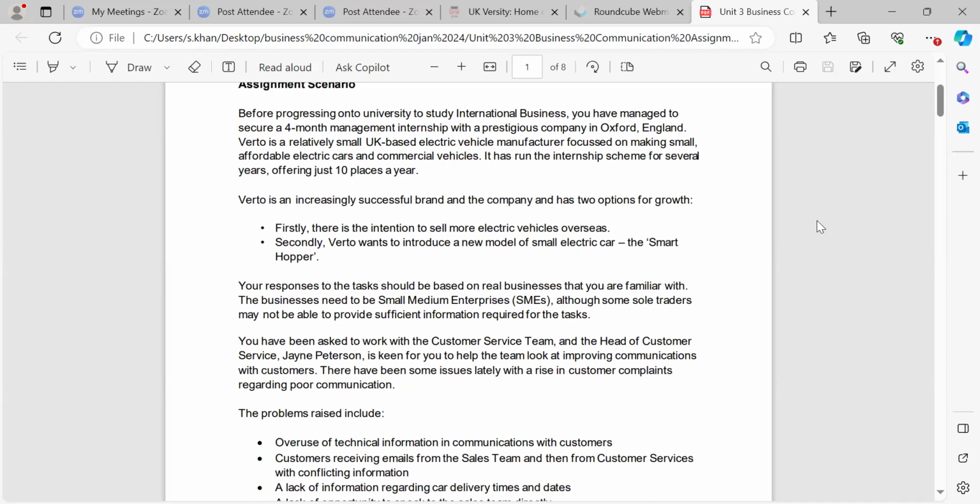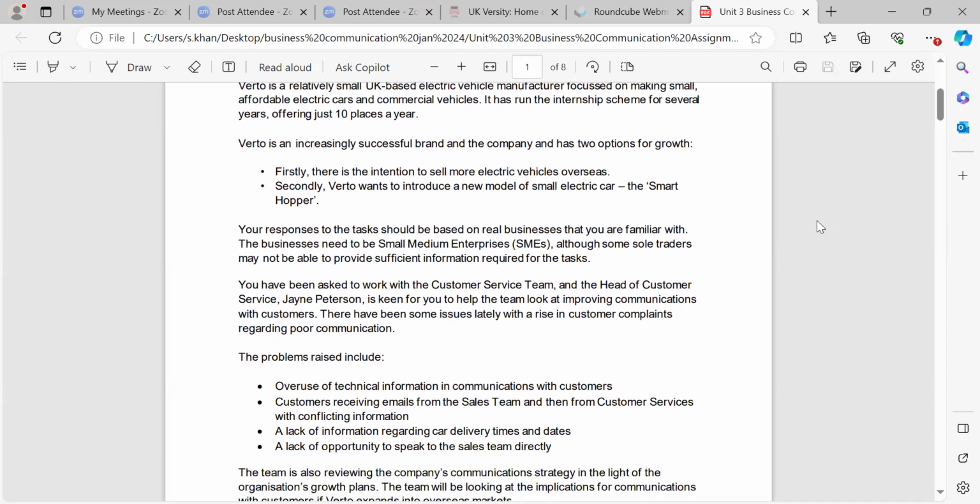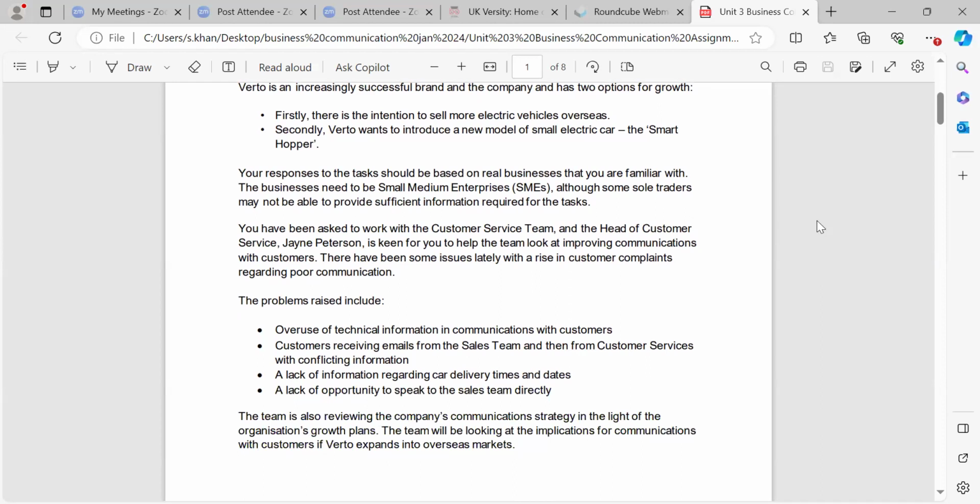Although some sole traders may not be able to provide sufficient information required for the tasks that you're about to do. You have been asked to work with the customer service team, and the head of customer service, Jane Peterson, is keen for your help. The team look at improving communications with customers. There have been some issues lately with a rise in customer complaints regarding poor communication.